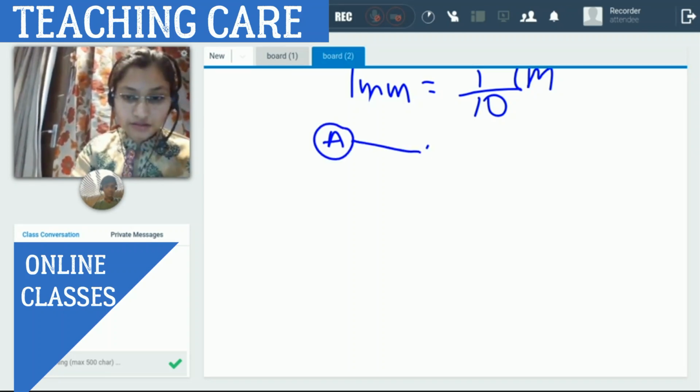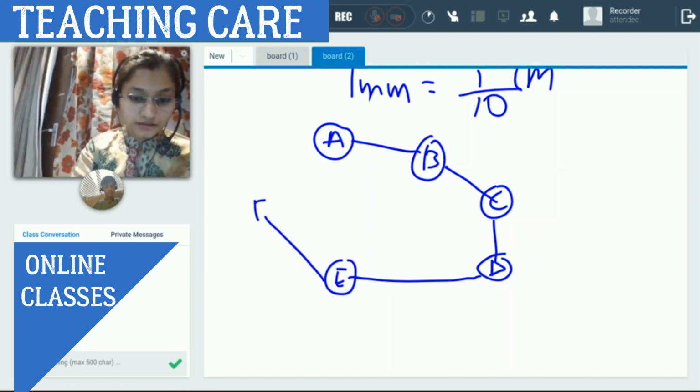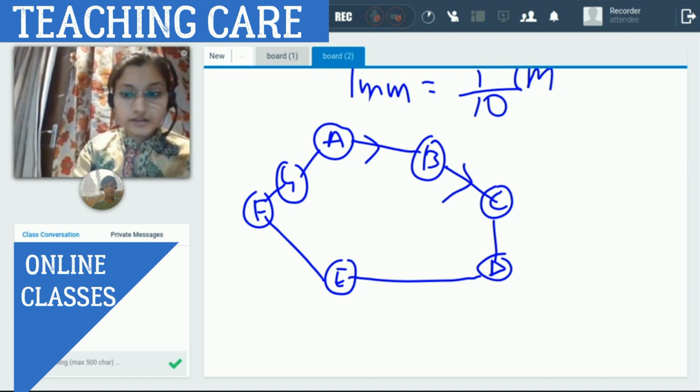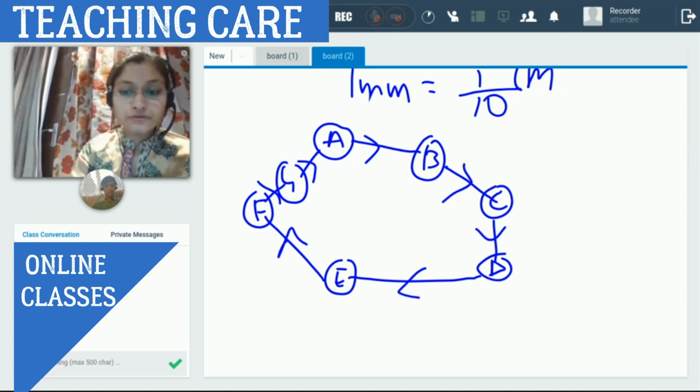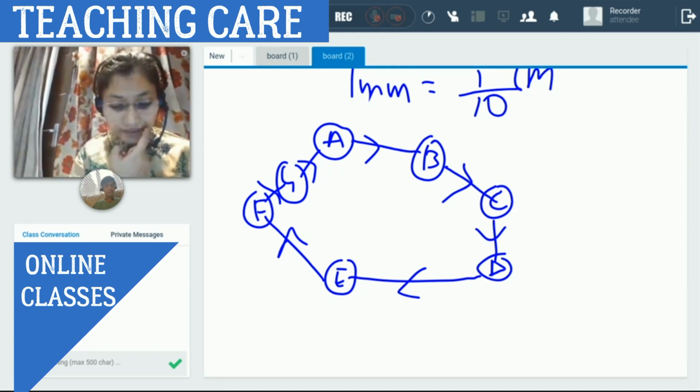It's A, B, C, D, E, F, G, and then again A. This is the path of the bus which it follows from A to B to C, D, E, F, and G, and then again back to A.